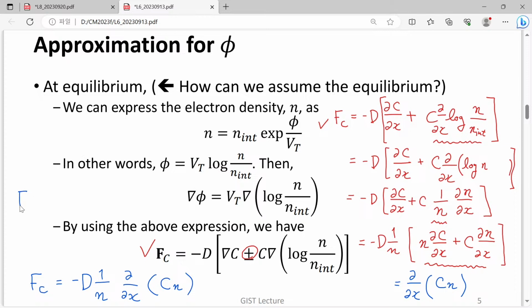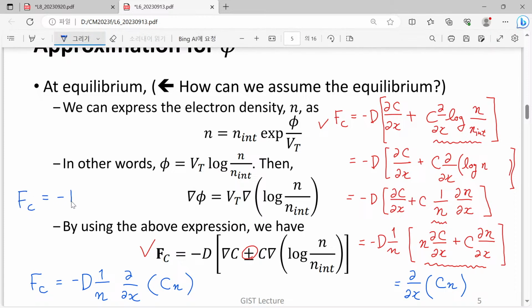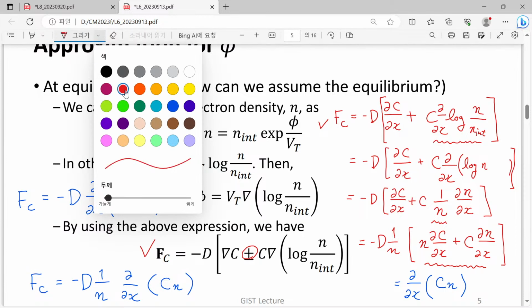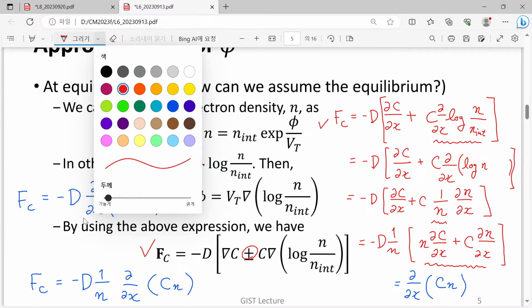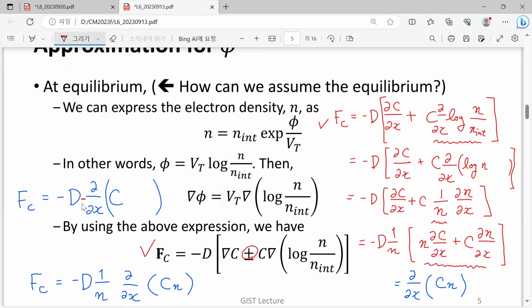Do you remember, without the charge effect, your previous flux was like this. When you introduce the charge effect, now you are introducing 1/n here, and here you have n.